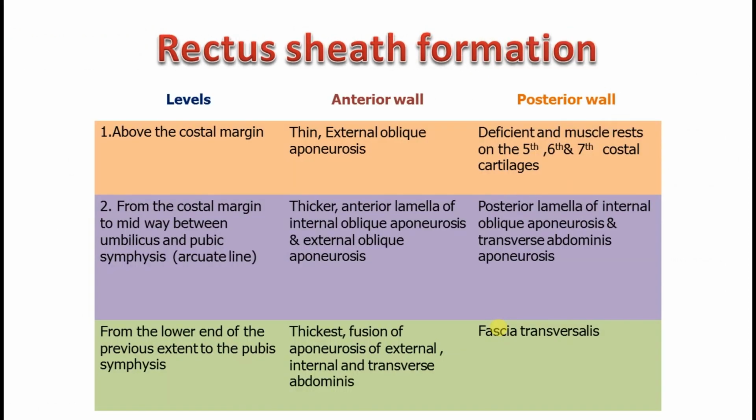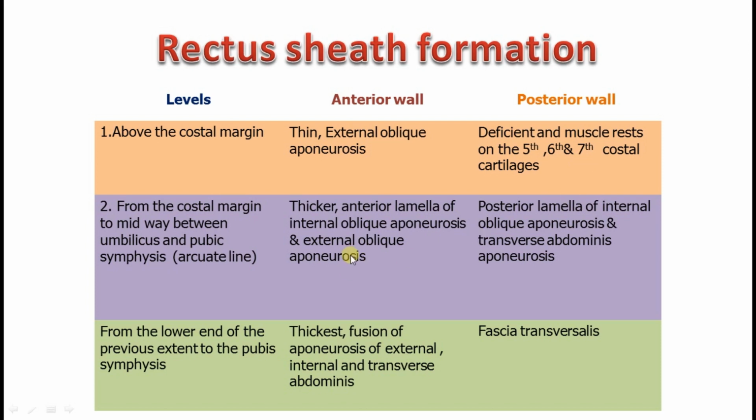Here you are able to see that above the costal margin, the anterior wall is formed only by the external oblique aponeurosis. Posteriorly, there is no rectus sheath at all, and the muscle lies on top of the 5th, 6th and 7th costal cartilages. It is deficient.